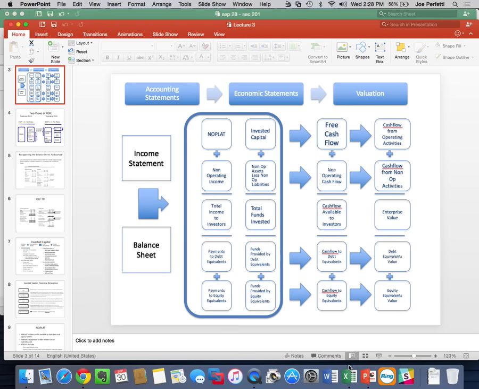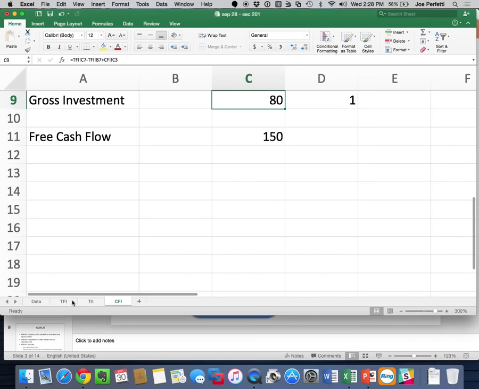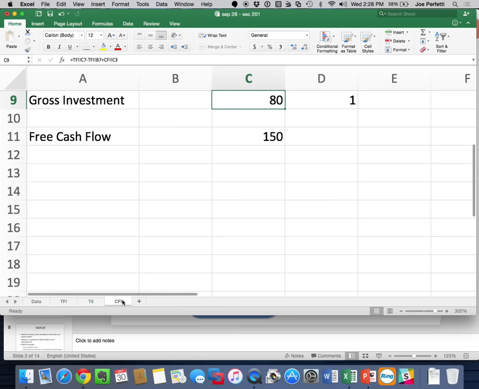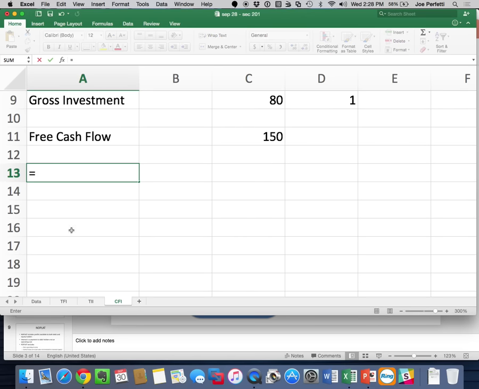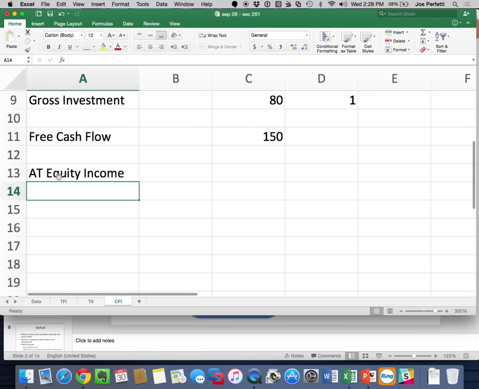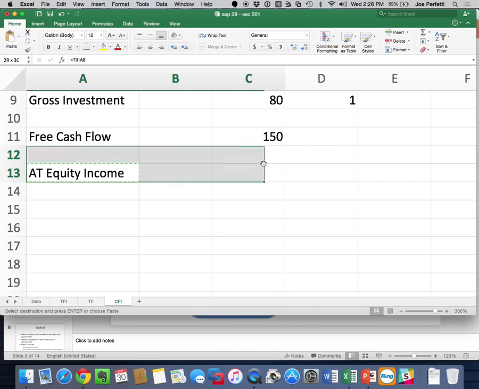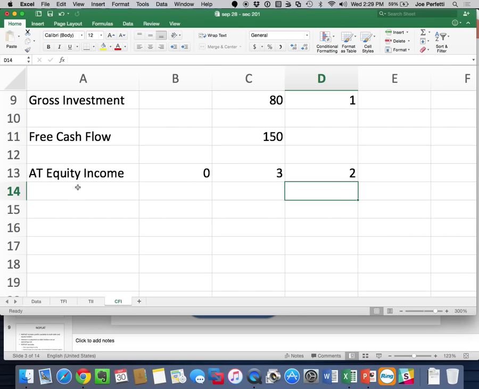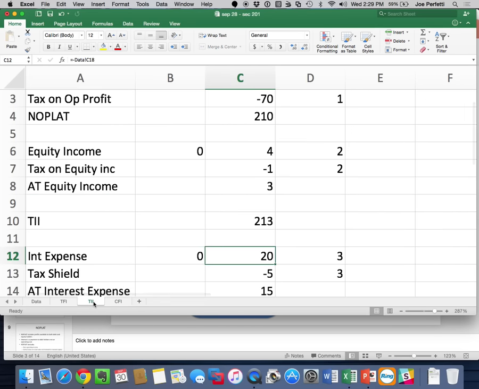So, off of our income statement, which is now in our TII, we can see we had something called after-tax equity income. So again, equals TII, after-tax equity income. That's 2. That's the only non-operating item on the income statement.